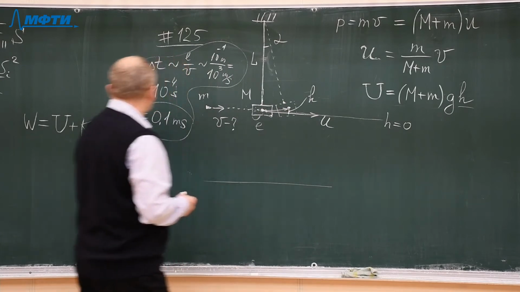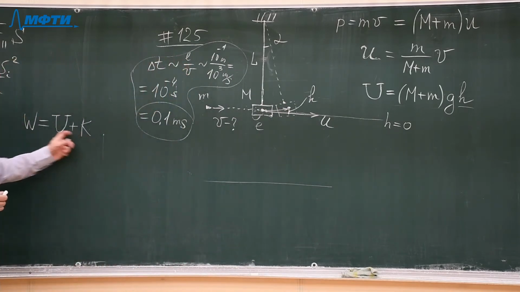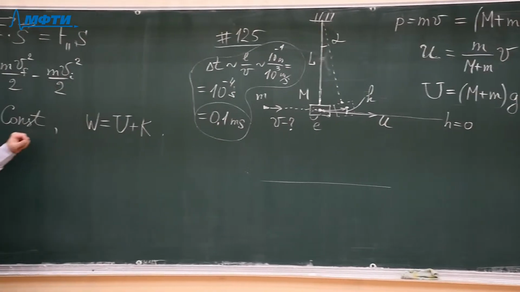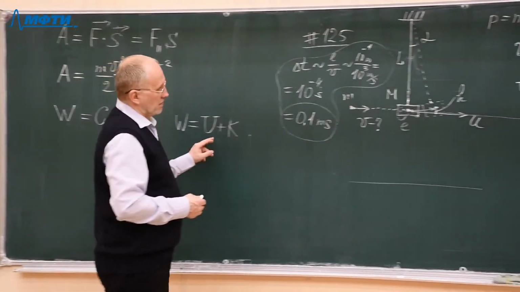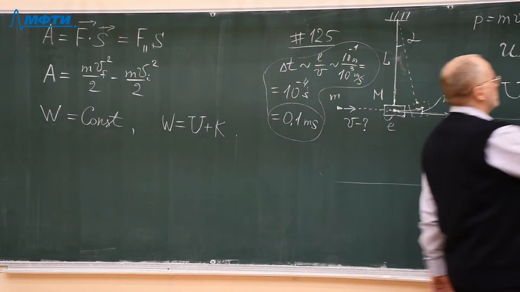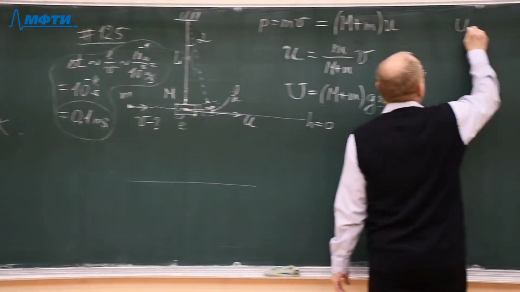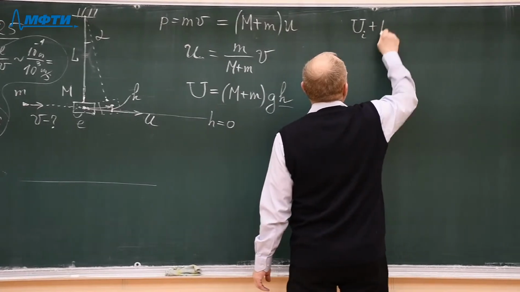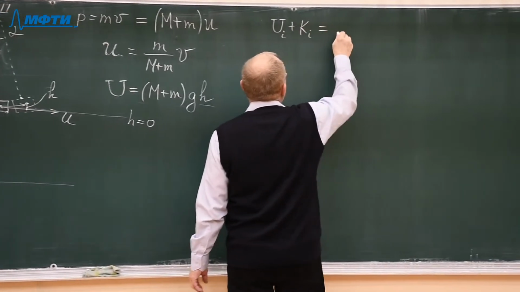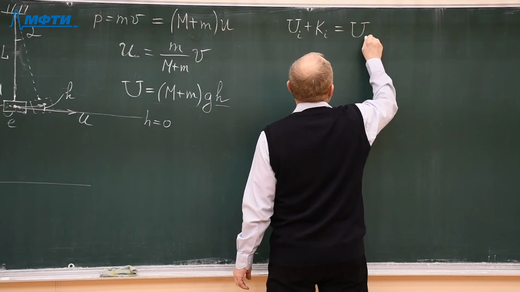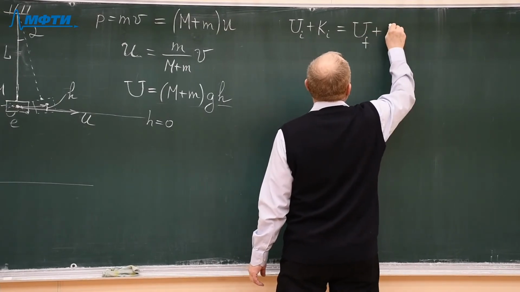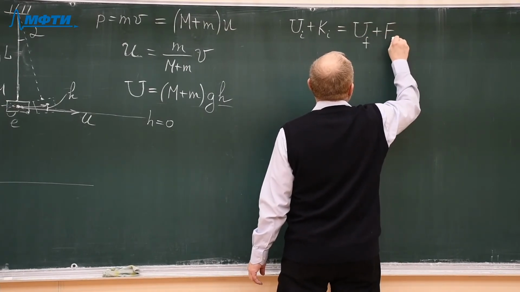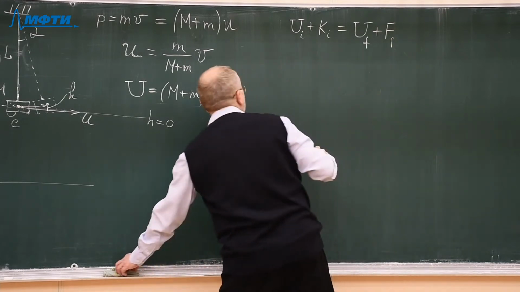The total of potential energy and kinetic energy must remain constant in time. So we may use this equation: the initial potential energy plus initial kinetic energy must be equal to final potential energy plus final kinetic energy.